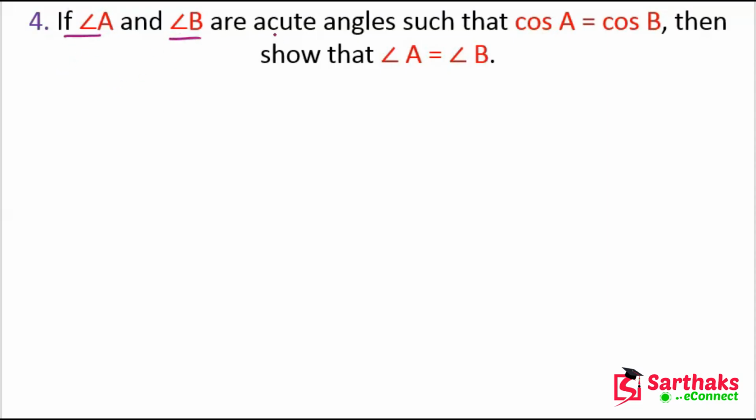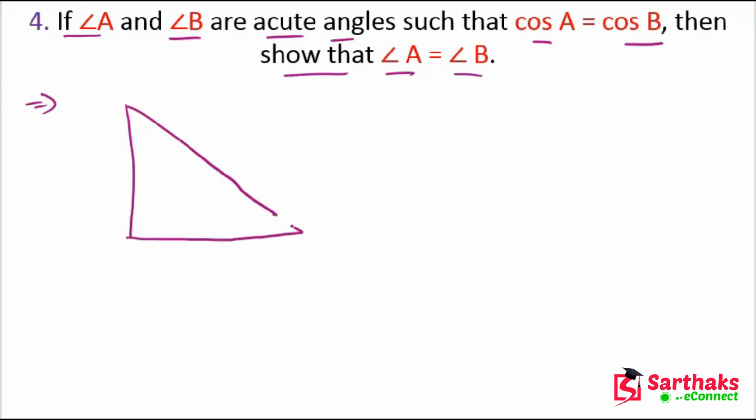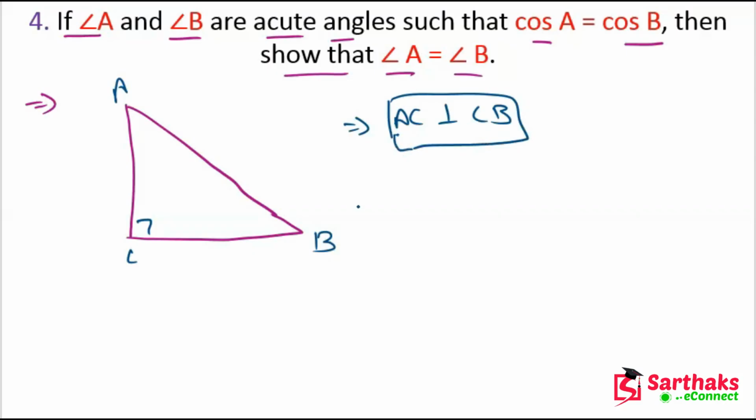If angle A and angle B are acute angles such that cos A is equals to cos B, then show that angle A is equals to angle B. We have to prove that angle A is equals to angle B. So let us assume a triangle ABC like this, in which AC is perpendicular to CB.